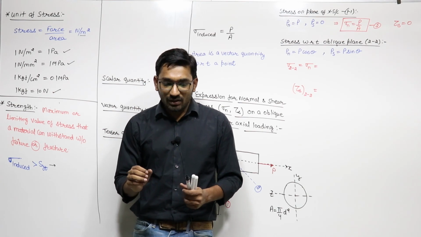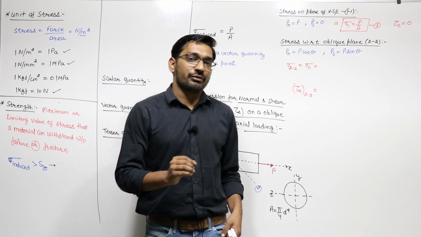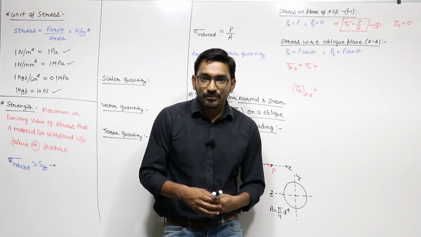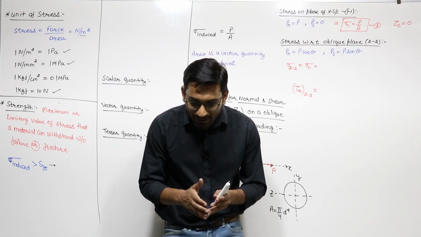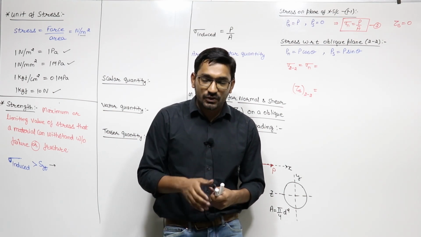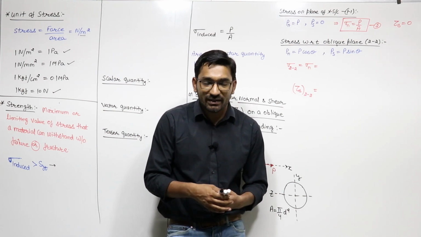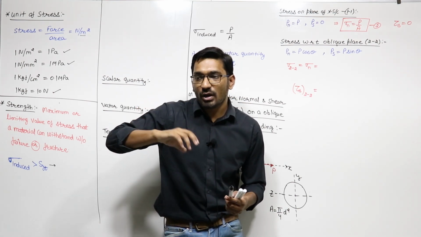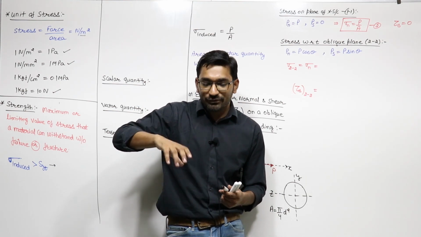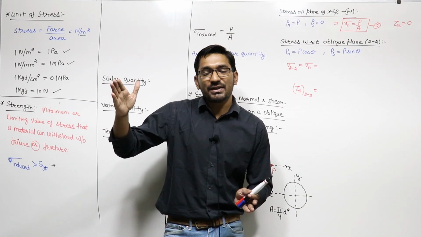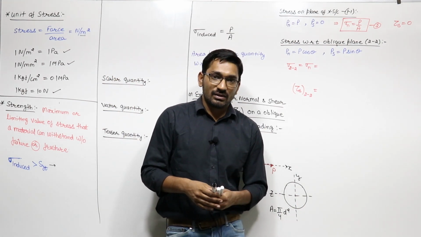So there are two types of failure in strength of material. One is yielding. We will see this also when we see the stress strain diagram. Because of some load, because of some stress, if the member is deformed and that deformation is permanent, right?